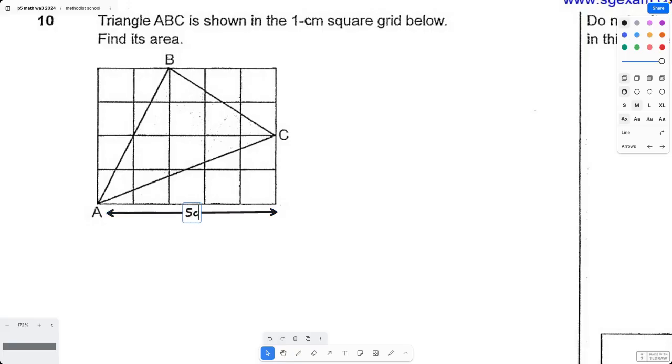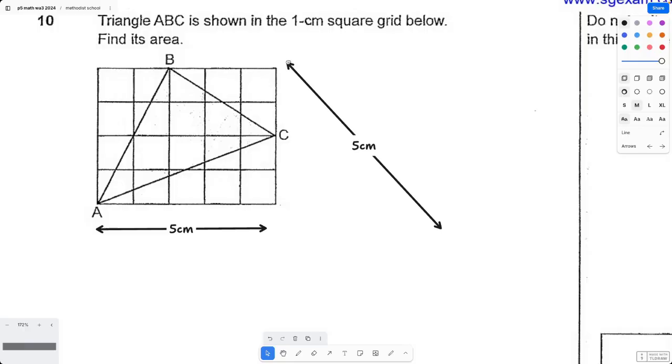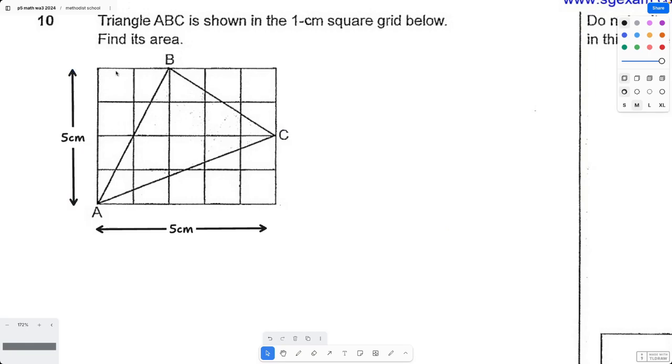So it's 5 cm, and then this is 5 cm, and the other is length times breadth. For this side, I'm gonna put 1, 2, 3, 4. So this will be 4 centimeters.